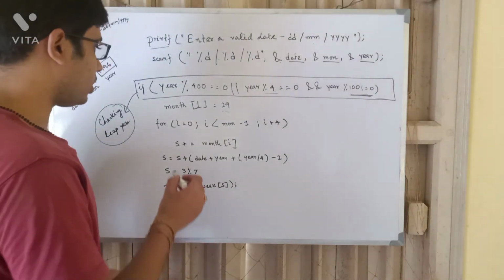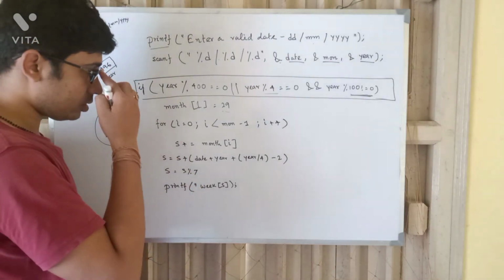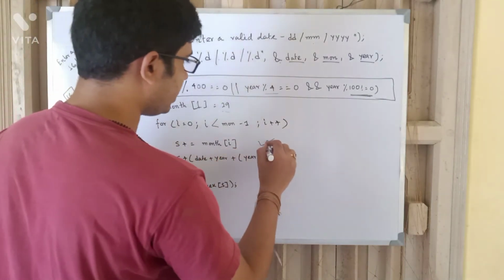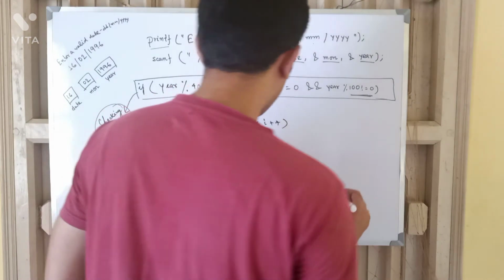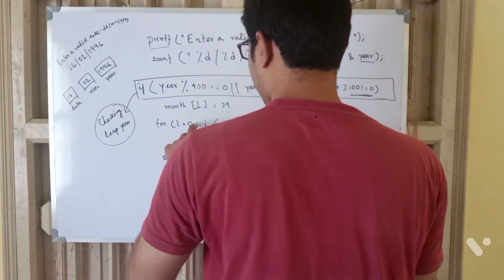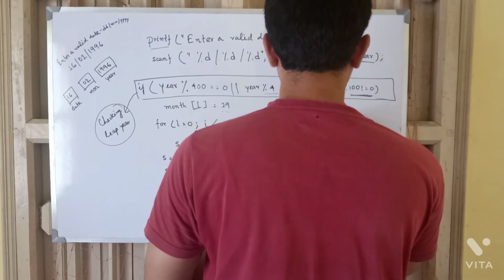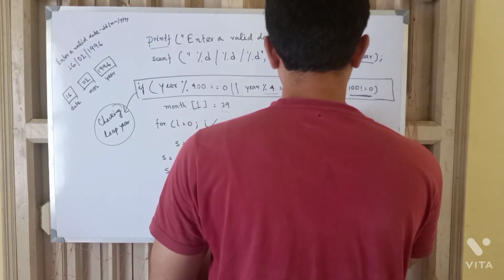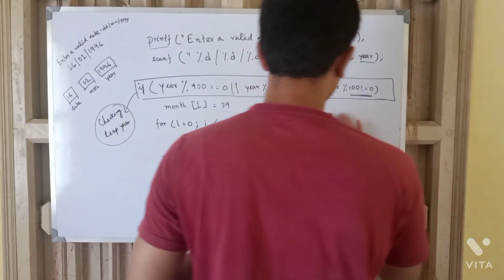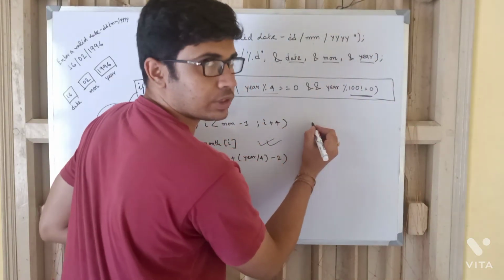Then this logic is there. We have to add this number, month of I. The loop will start with 0. Month of 0 equals 31, right? S will be 0. So I am writing the entire code here. Please observe.